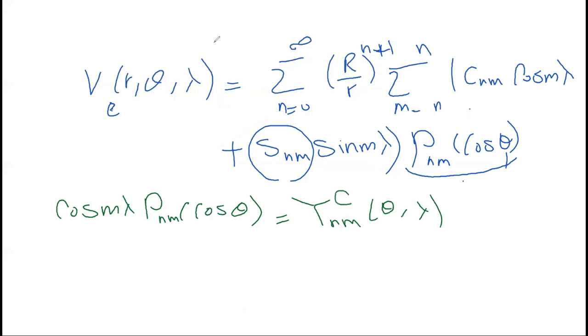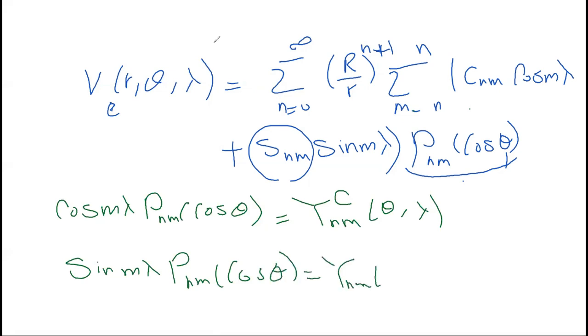What's C? C means cosine. And I will write sine m lambda P_nm cosine theta, very similar. Then I will write S for them. So in this case, I can simply write this blue equation like that.